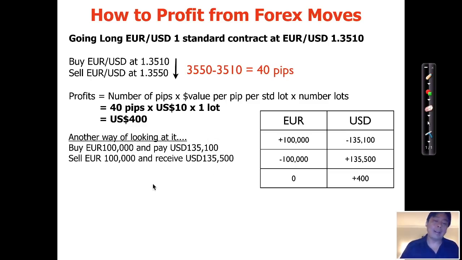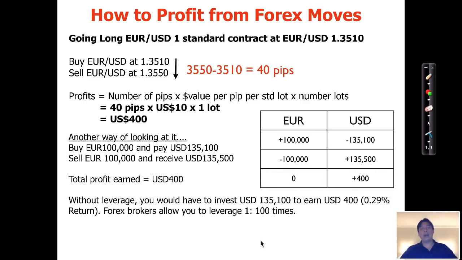And then I sell 100,000 euros over here and receive $135,500, right? As you can see over here. So the profit earned is this and this. So this plus this minus this is $400.